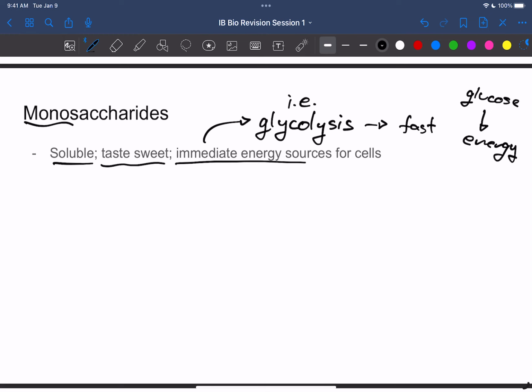So if we look at examples here, we'll just draw glucose a little more specifically, now with all of the atoms.